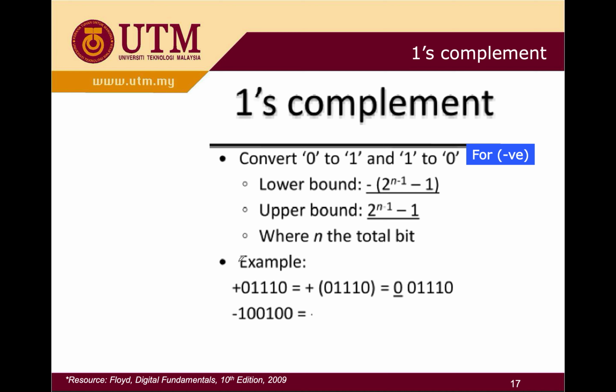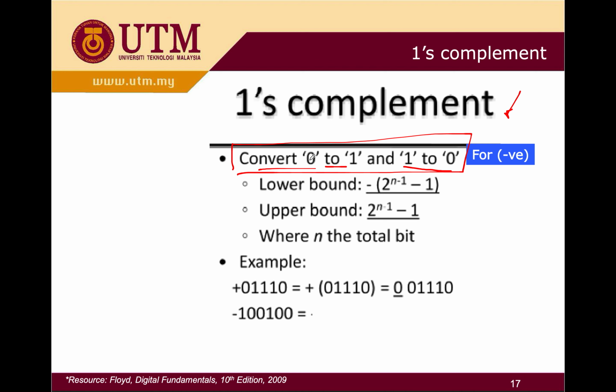Here is the first complement. How are you going to get it? Convert 0 to 1 and 1 to 0. This is the method for the first complement. You're going to change everything in your given number.